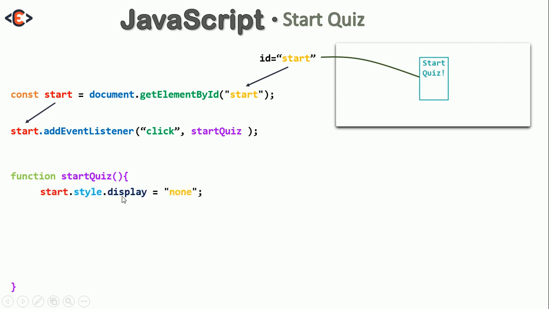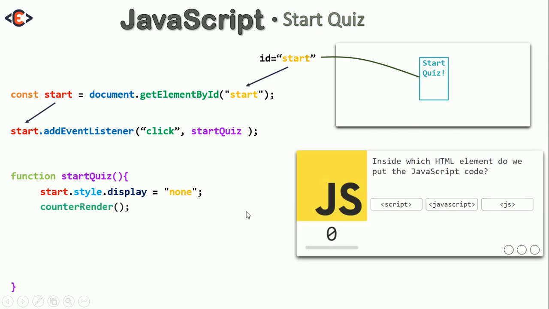start.style.display to none, so we will hide this div. Then we will render the counter, which means we will set the count to 0 and the time gauge width to 0. Then we will use the setInterval to call the counterRender every 1 second. The timer variable here we must define outside the function startQuiz, so any other function can access or change the value of timer.